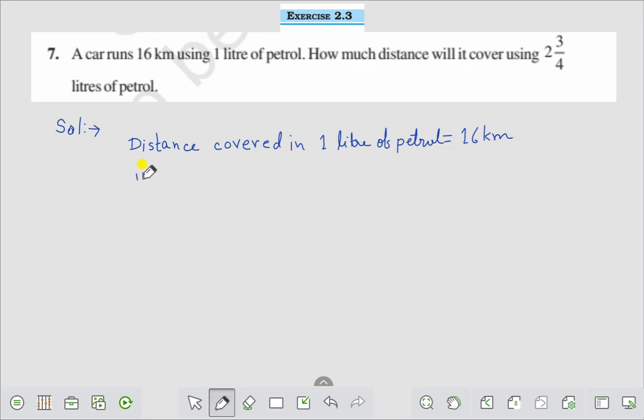Distance covered in 2 whole 3 by 4 liters of petrol.